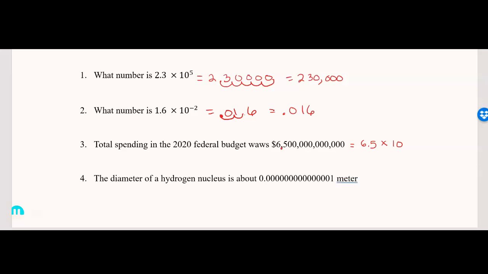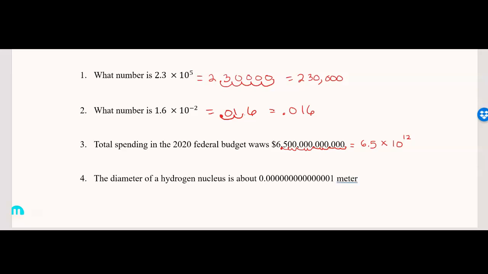So I'm starting here, because remember, this is where I'm putting the decimal. 1, 2, 3, 4, 5, 6, 7, 8, 9, 10, 11, 12. So I had to move 12, and that means that my number in scientific notation would be 6.5 times 10 to the 12th. So $6.5 trillion.